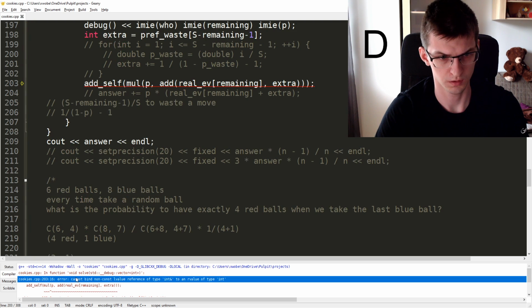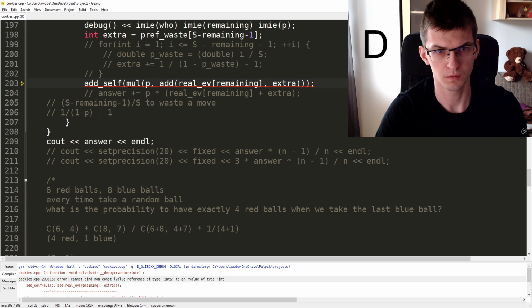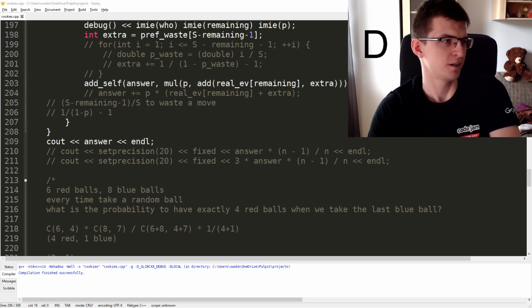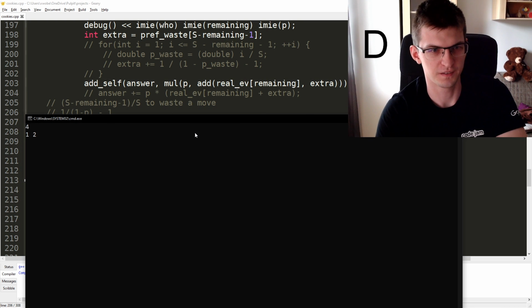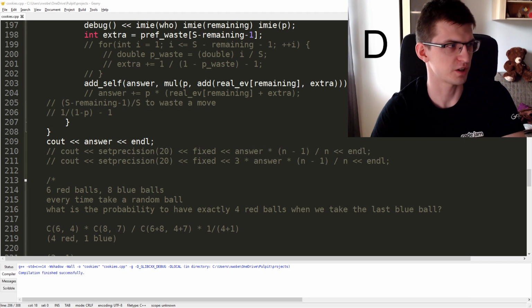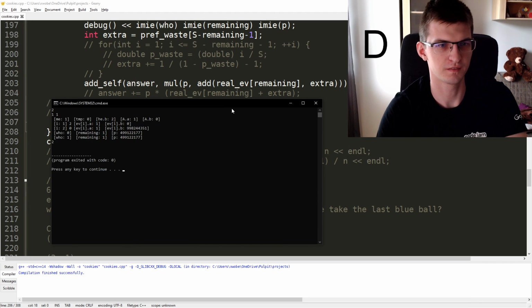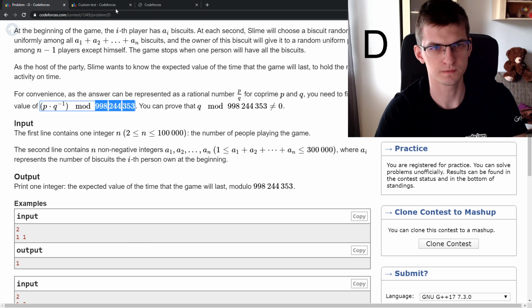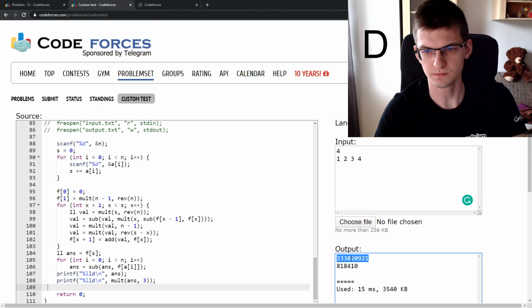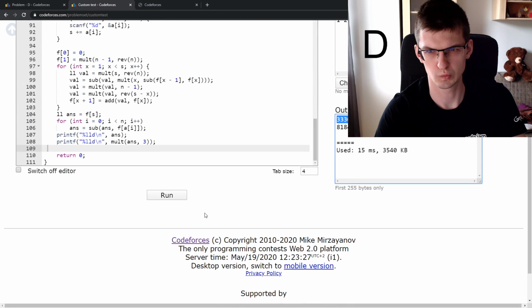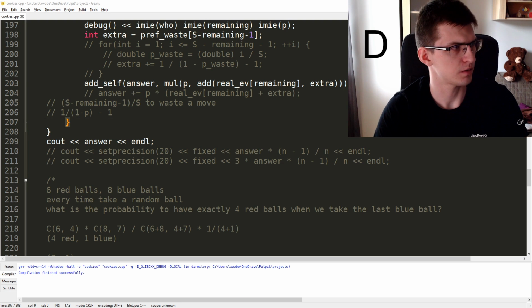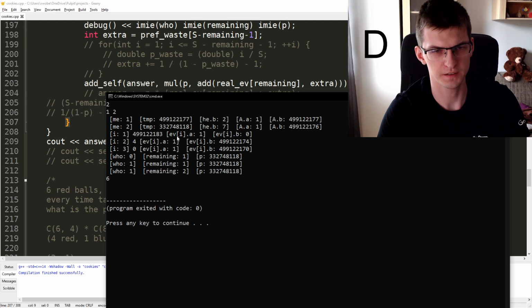What's wrong? What's the probability that this will work? 0. That's the probability. Maybe not. What is the answer there? Seems like I'm 3 times too low. 6. Is 6 correct?